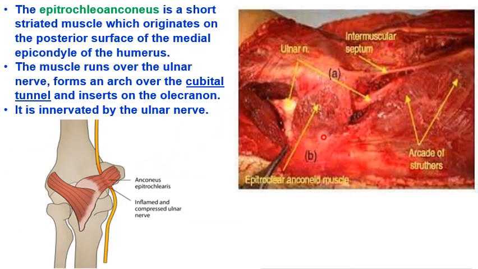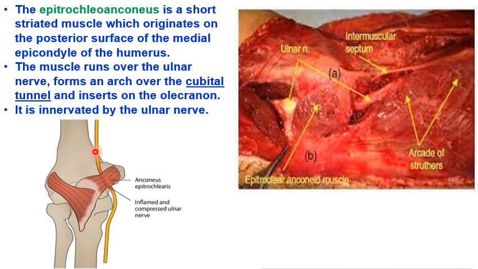This muscular strip you can see here is the epitrochleoanconeus muscle, a very frequently noticed accessory muscle in the posterior compartment of the forearm, supposed to be one of the extensor muscles itself, and is supplied by the ulnar nerve.